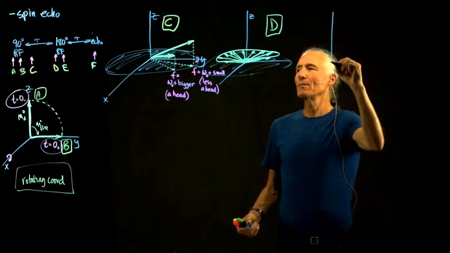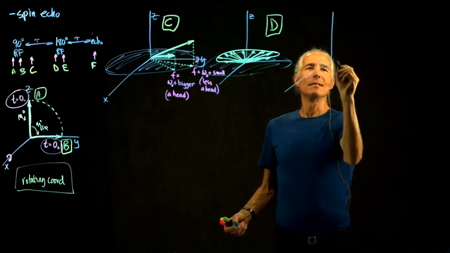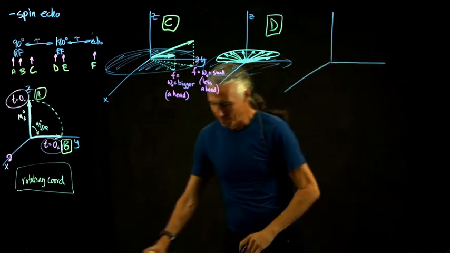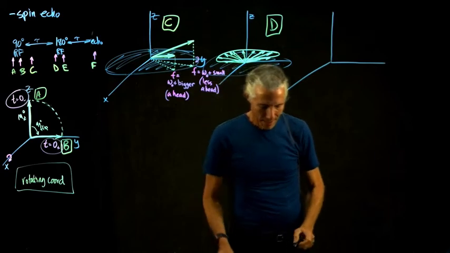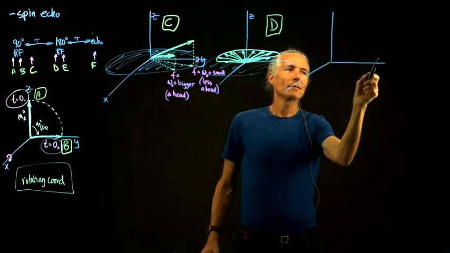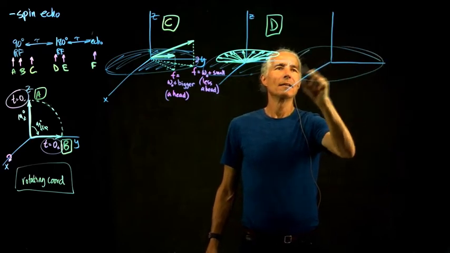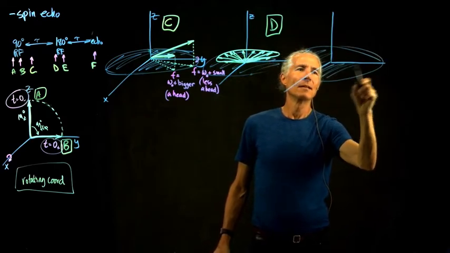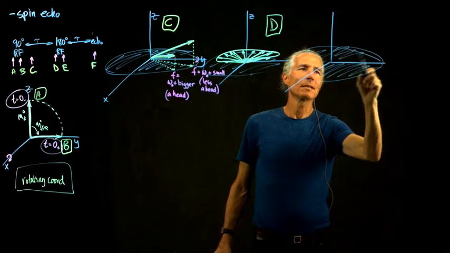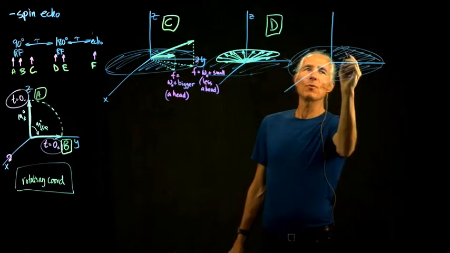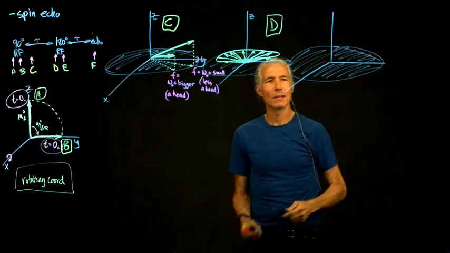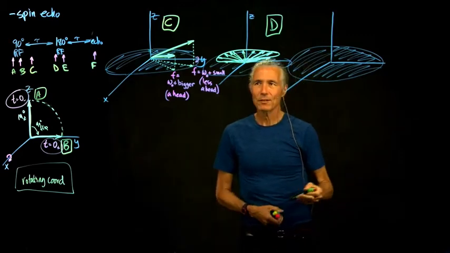This is harder to draw, so I'll try to do a neat job of drawing this out. Okay, so here's the plane. So now both vectors are under the plane.